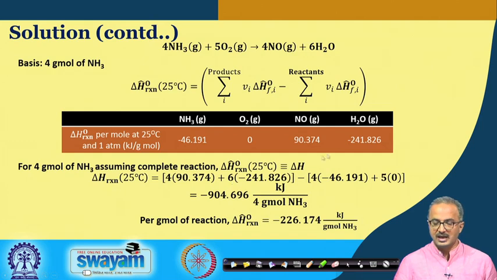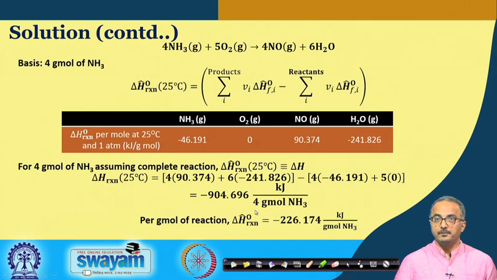So, we are putting 6, and this is the value we are putting over here, minus, because we are talking about the reactant side. So, minus 4 for this ammonia and the value of this heat of formation of ammonia, and 0 for oxygen. And then after doing all these things, you get the value of the heat of reaction, and this is for 4 gramole of ammonia reacting.